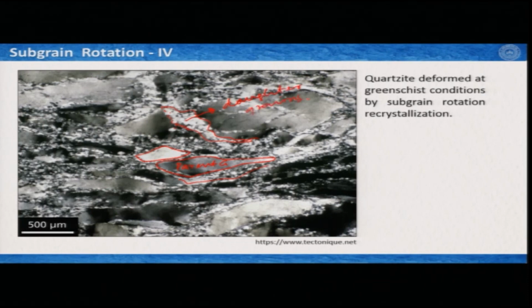If you see this kind of microstructure, then you clearly can say that this is certainly a deformed rock, and the deformation mechanism going on here is some sort of subgrain rotation.